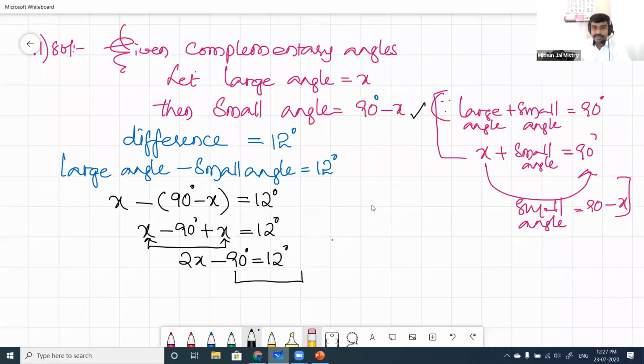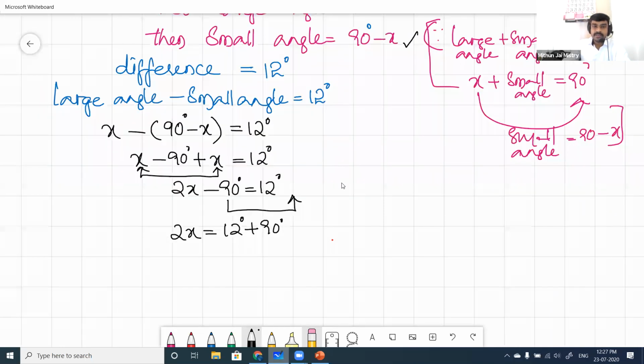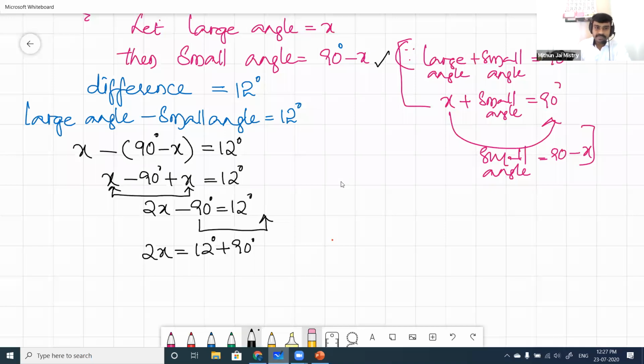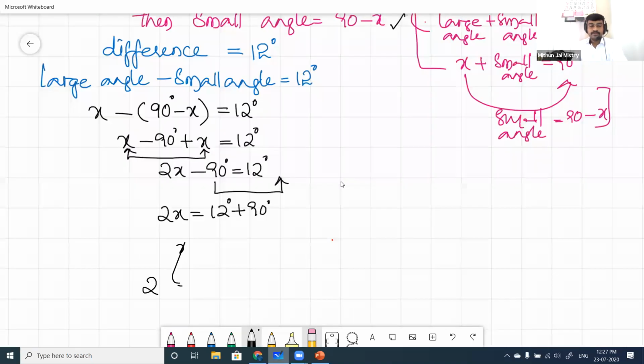You will get 2X is equal to 12 plus 90. Minus 90 will become plus 90. What is 12 plus 90? 12 plus 90 is 102 degrees.